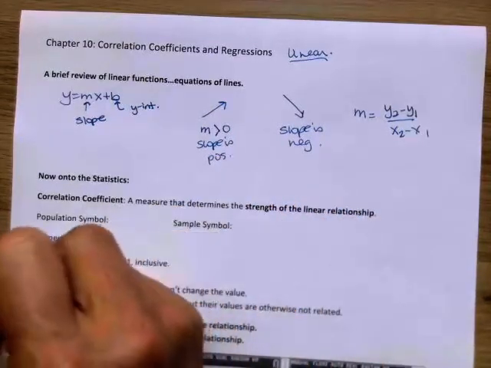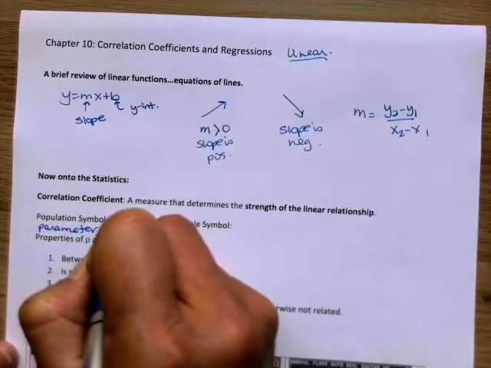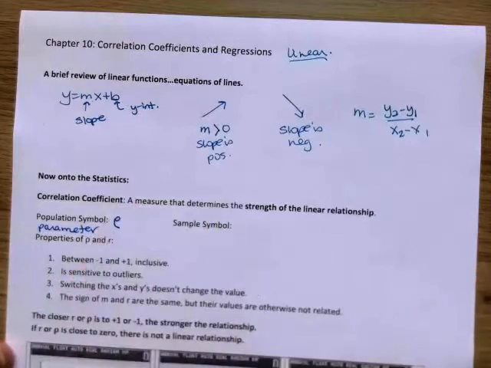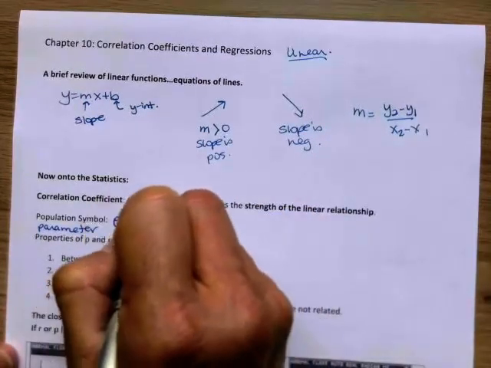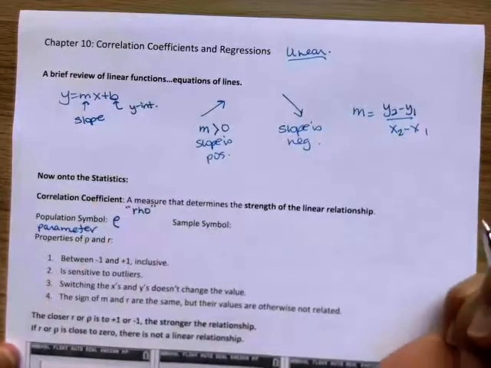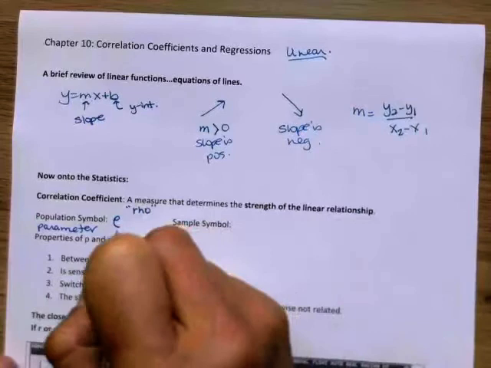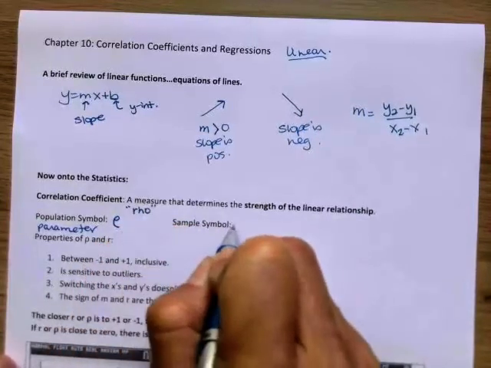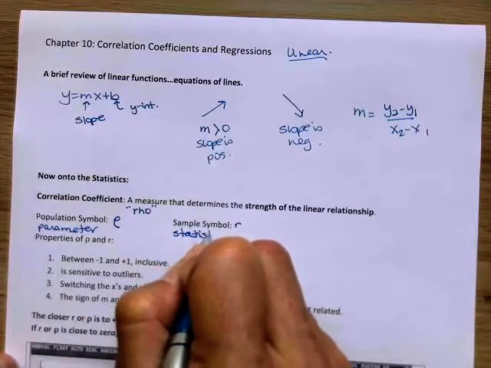The population symbol, remember that's the parameter, is rho. It's kind of like a curly P. It's the Greek letter rho. Then likewise, the sample symbol, the statistic, is an r.